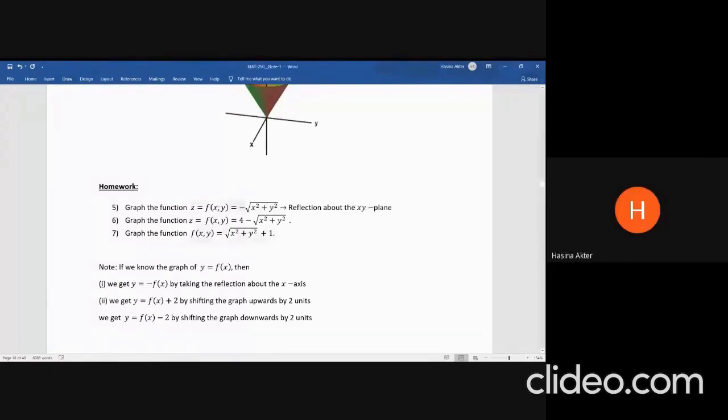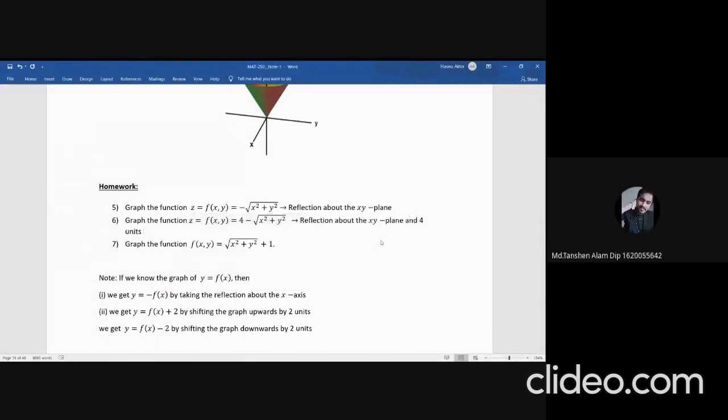And what about this one? The graph will be a reflection about the xy plane and shifted 4 units upwards, 4 units along the z-axis.